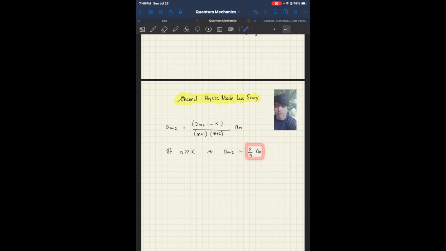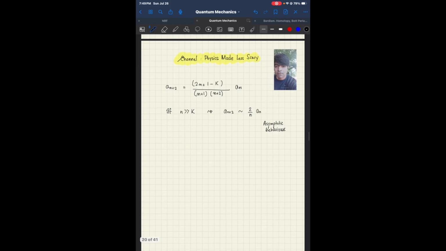This is sort of the asymptotic behavior. Again, these are called asymptotic behaviors. Okay. That tells you what?